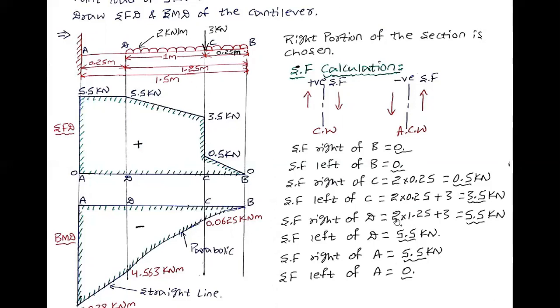Take it as positive. Plus 3 is also acting in clockwise direction, positive. Plus 3, 5.5 kilonewton.